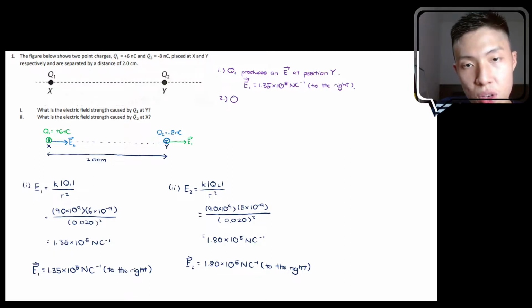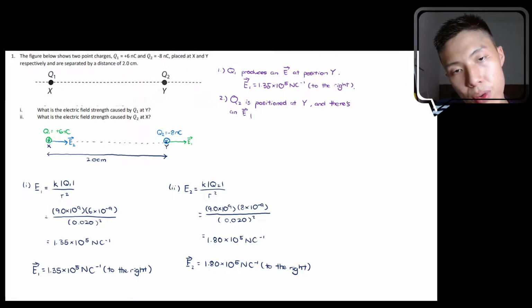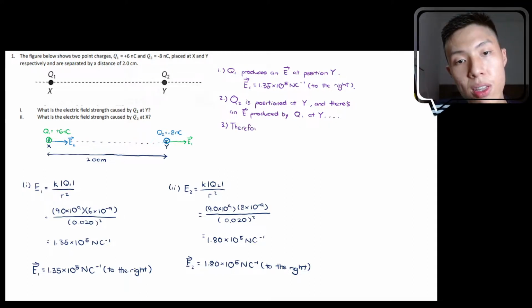You see that Q2 is now positioned at Y, and there is an electric field produced by Q1 at Y. Okay, this is how you should think about the situation.